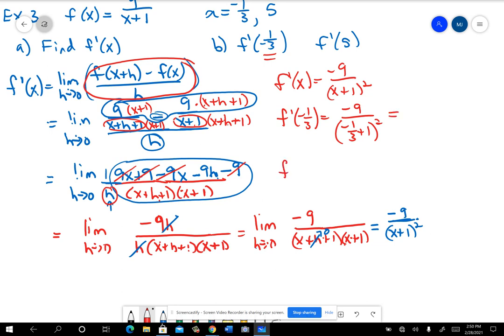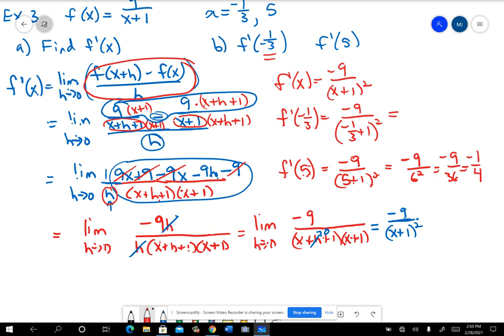And if we need the derivative of the function at 5, we plug in a 5. Okay, so the derivative at 5 becomes negative 9 over 6 squared, okay, which is negative 9 over 36, which reduces to negative 1/4.